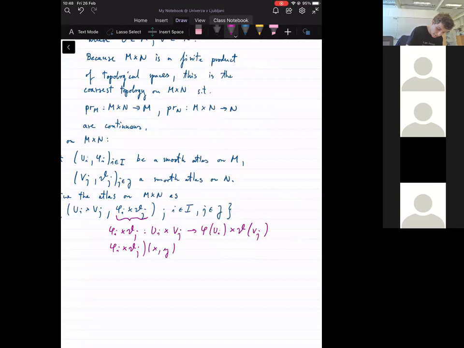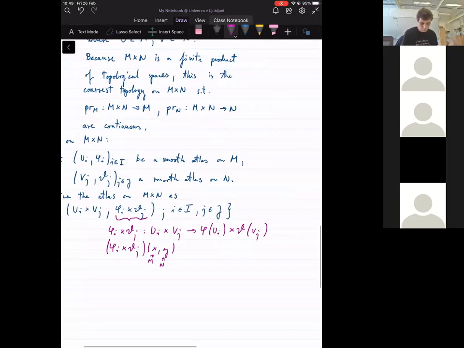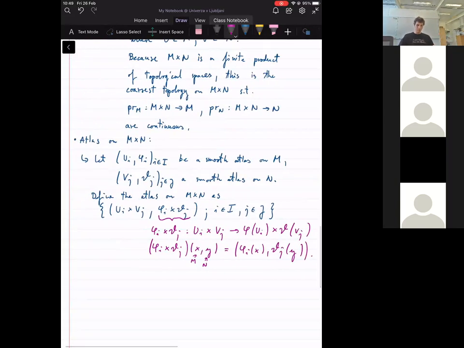Let's denote the points in U_i and V_j as x and y. So this is the definition of the charts on the product.